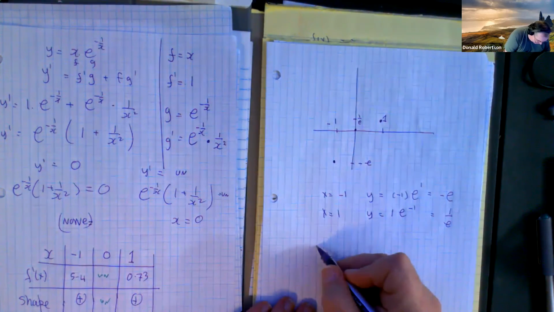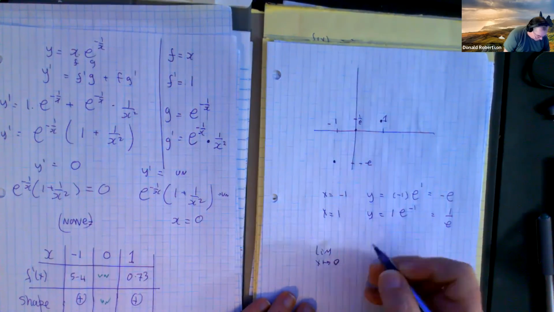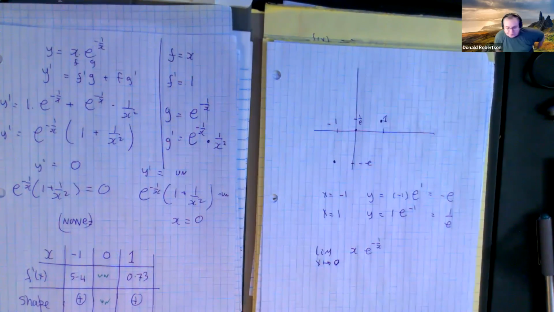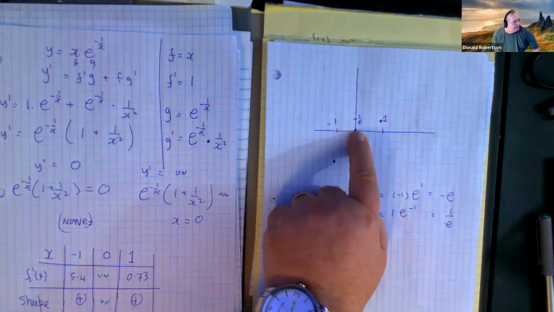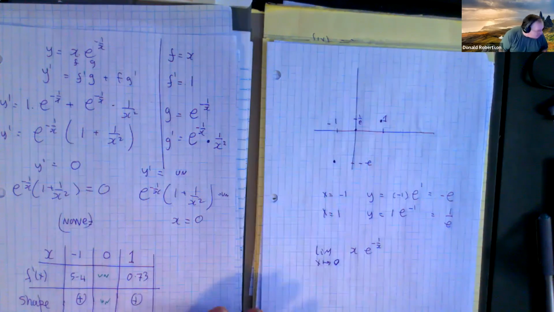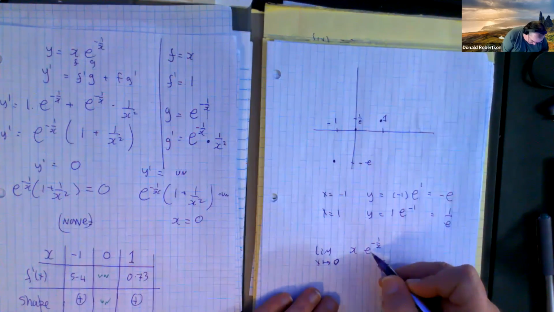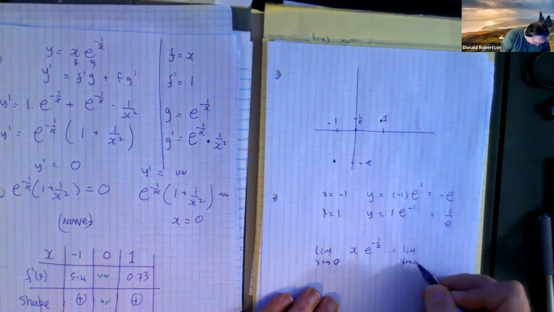And now I'm going to find the limit as x tends to 0 of this guy. And the reason I'm doing that is that I'm not 100% sure that this function actually ends up being 0. I'm pretty sure one of the limits are, but not the whole function. If you take this function, you can find the limit as x tends to 0.